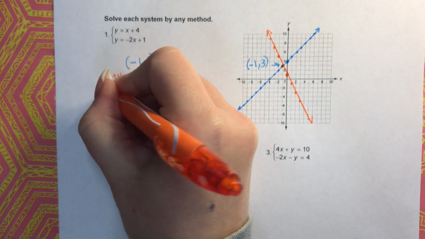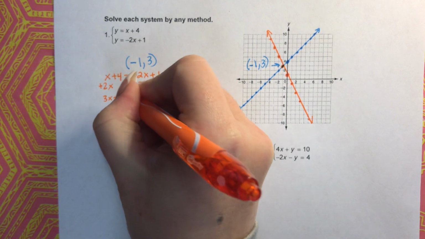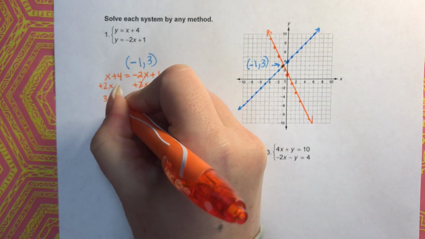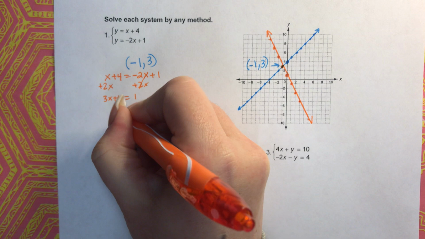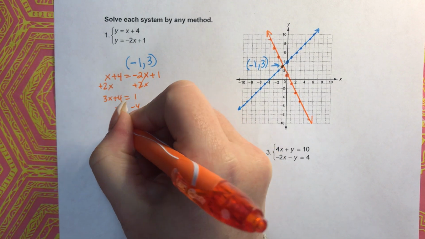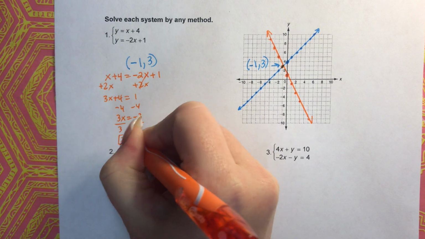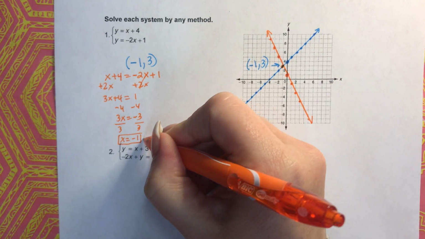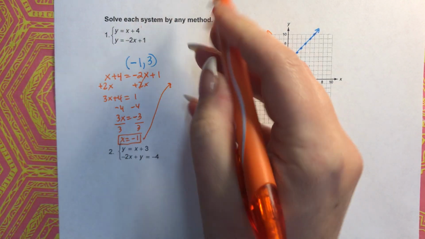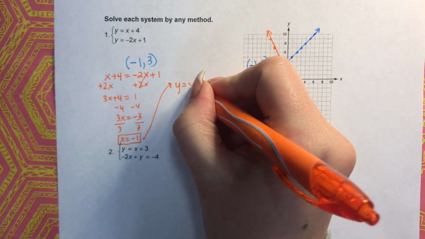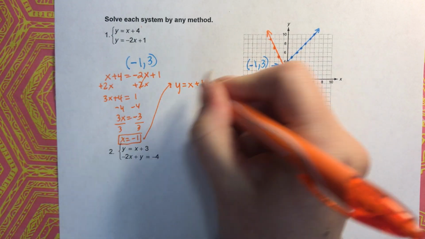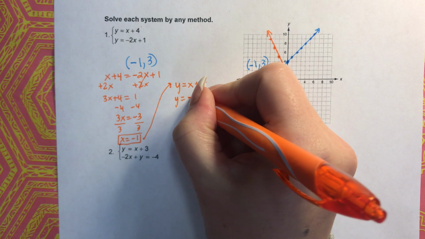I'm just going to do it really quick. That's going to be 3x plus 4 equals, cancel 1, subtract 4. Got 3x equals negative 3. You got x equals negative 1, which is great. That's what we got there. And then you plug it in to figure out what y is, to this one, which is the easiest of the two equations.